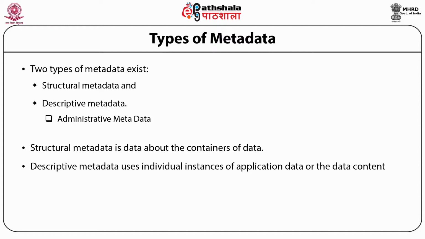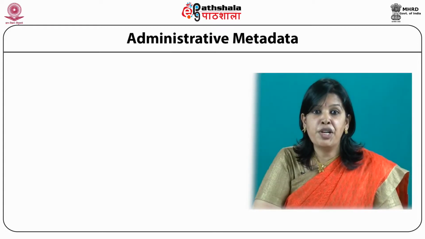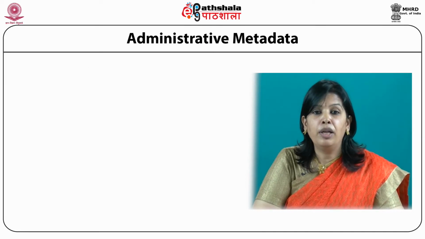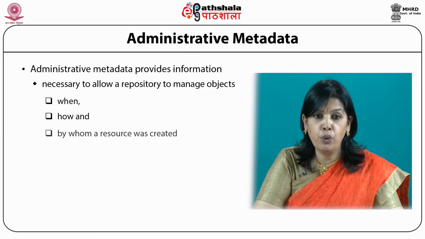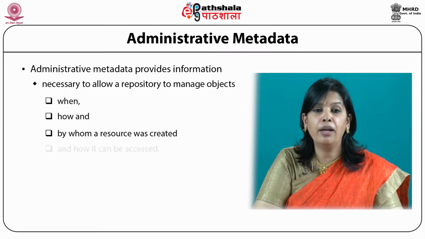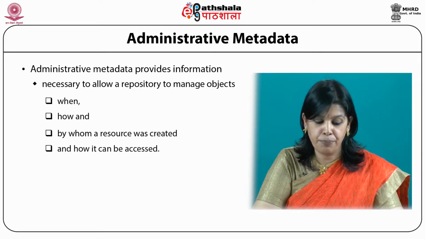Again, the administrative metadata talks about access rights, copyrights, ownership, and so on. Administrative metadata provides information necessary to allow a repository to manage objects, like when, how, and by whom a resource was created and how it can be accessed.